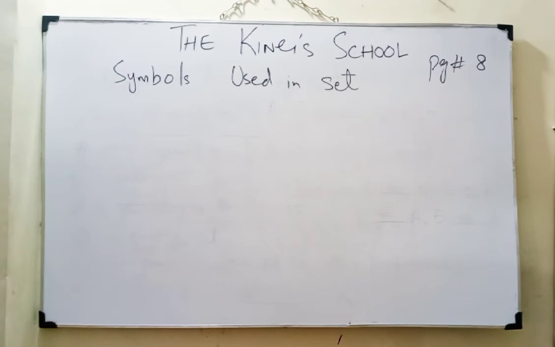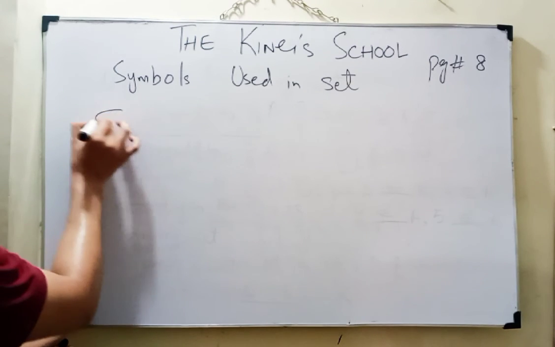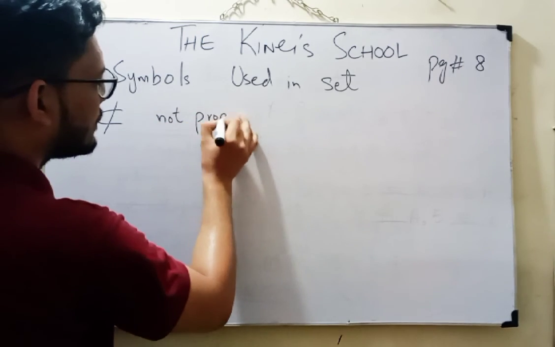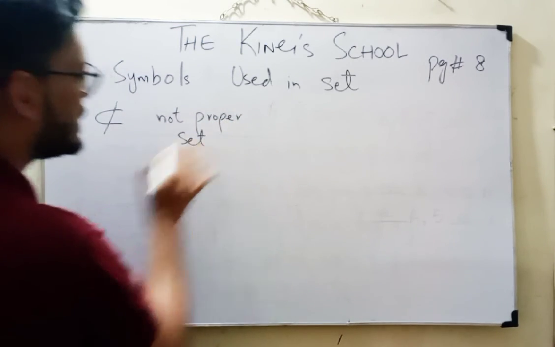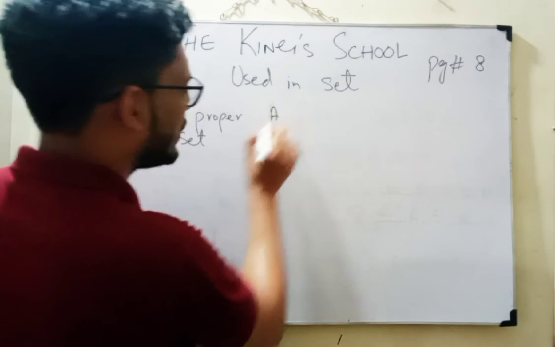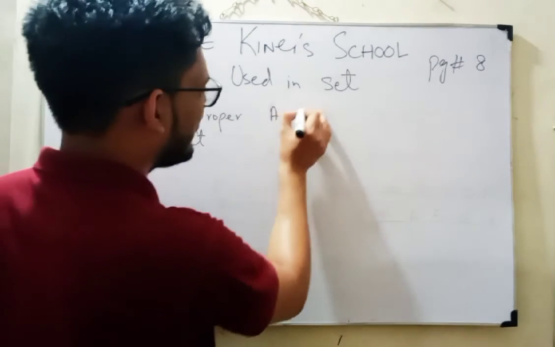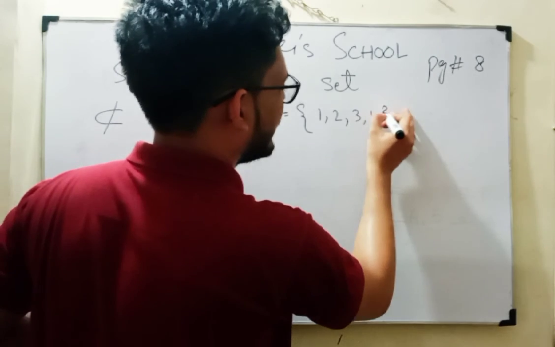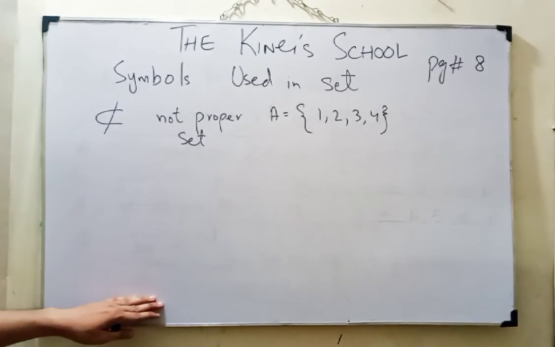Now move towards the seventh symbol, that is not a proper subset. Again I'm giving you the example: A, and the elements of A are 1, 2, 3, 4.